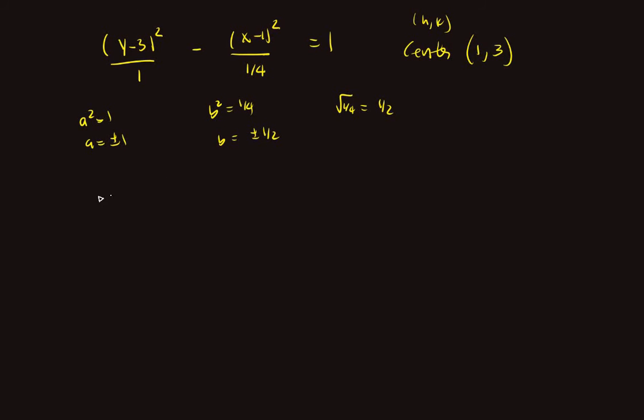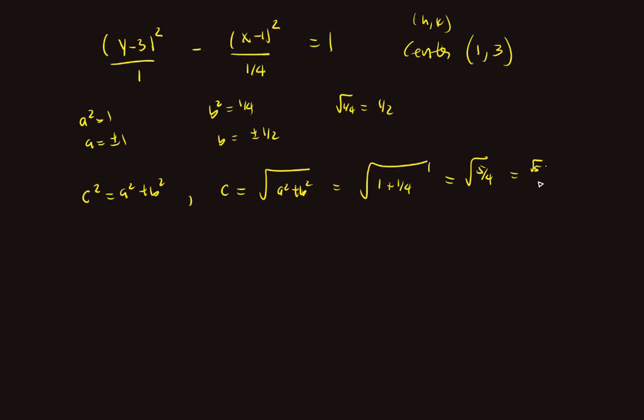That means we can calculate c, because c squared is equal to a squared plus b squared in the case of a hyperbola. So c is the square root of 1 plus 1/4, which is the square root of 5/4, which is square root of 5 divided by 2. That is c.